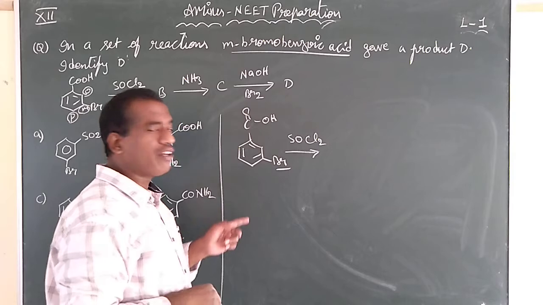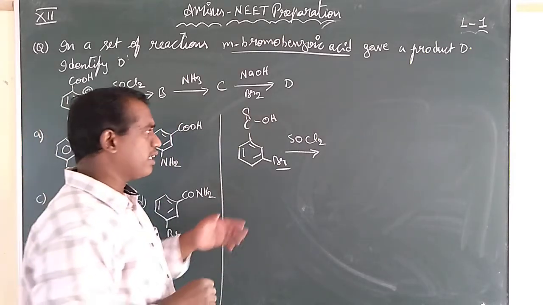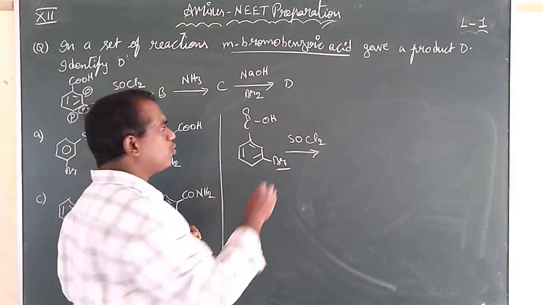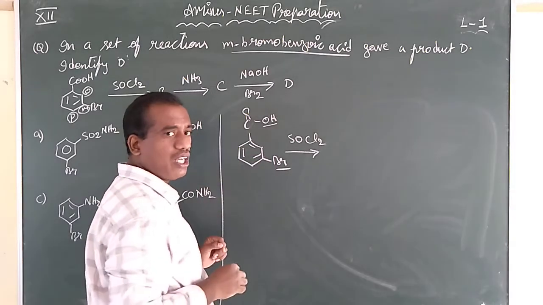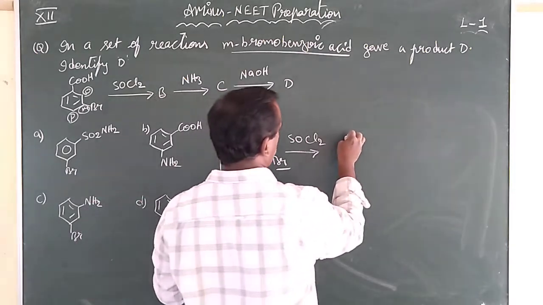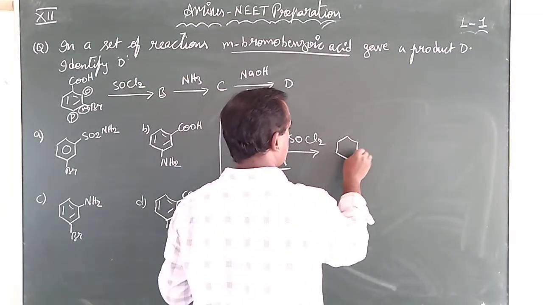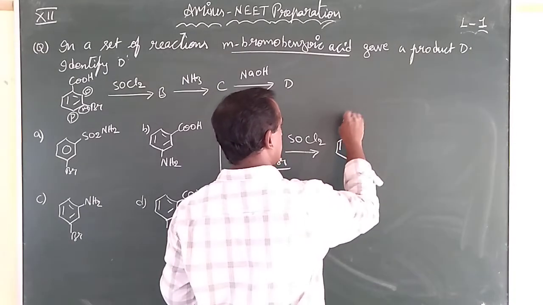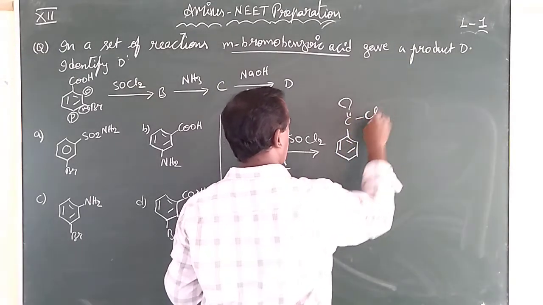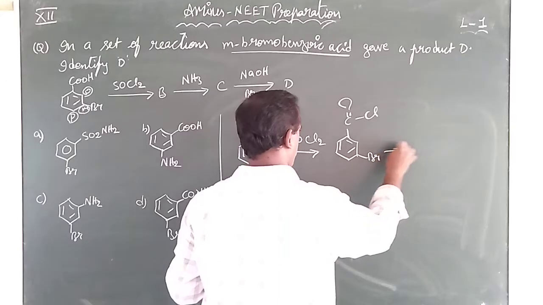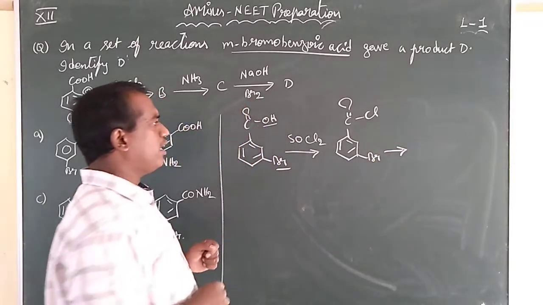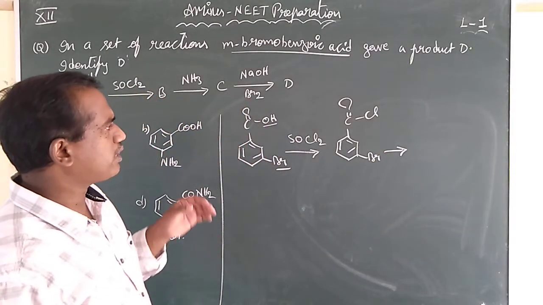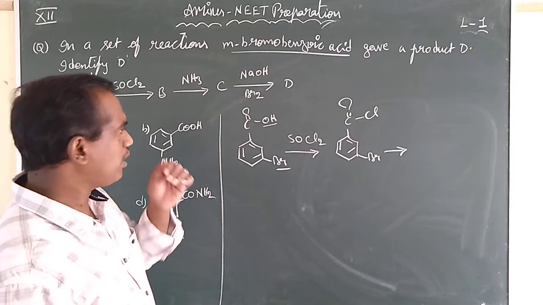Because bromine is involved in conjugation with the benzene ring, it cannot displace anything. So the only point it can displace is the OH group of the benzoic acid. So what we are able to get here is C double bonded O, Cl and Br. Thionyl chloride SOCl2 replaces the OH with chlorine in the benzoic acid.